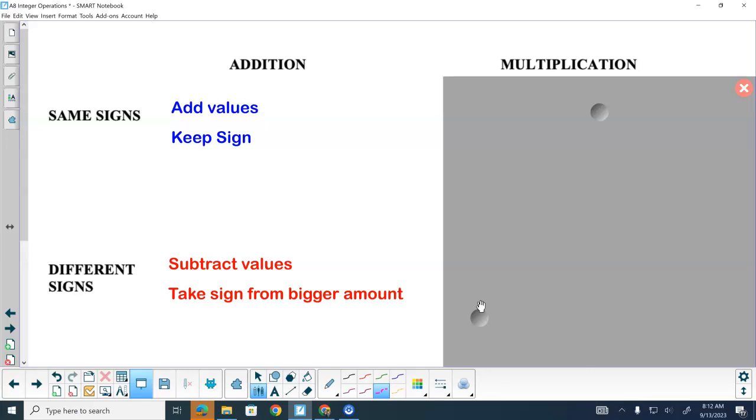Add the values, or instead of values, you can put digits. Keep the sign. So a positive plus a positive is positive. Negative plus a negative is negative. If the signs are different, you subtract the values, and we take the sign of the bigger one.